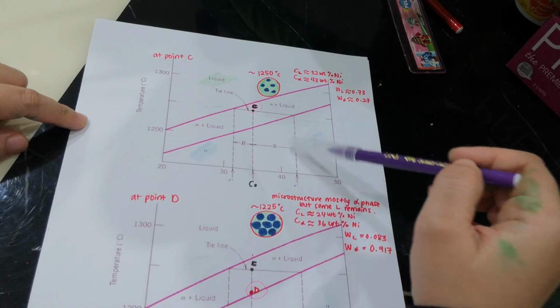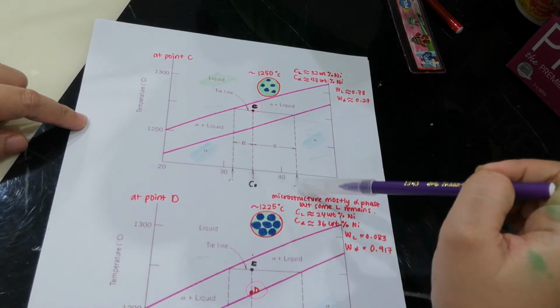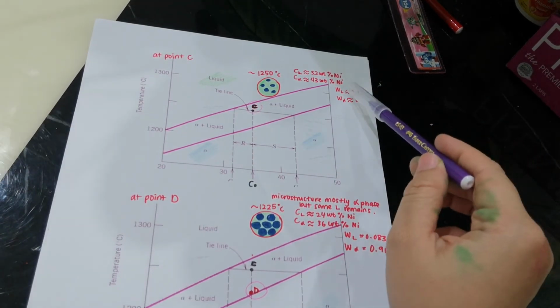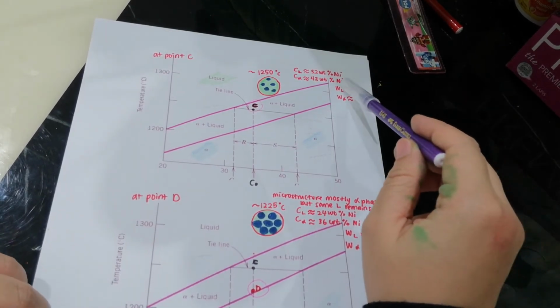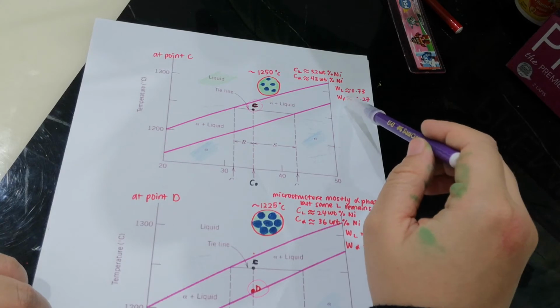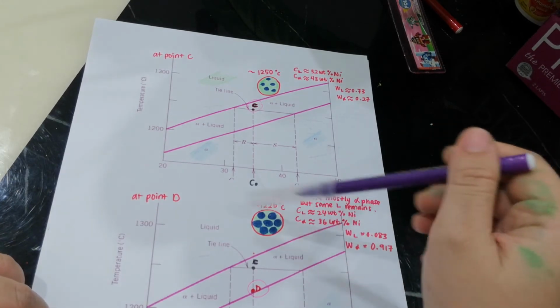From this tie line, you know CL and C alpha. Then you apply the lever rule and you can get the fraction of liquid and fraction of solid.